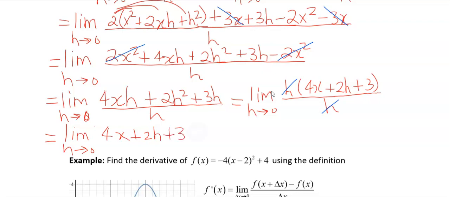Now, plug it in now. Use your direct substitution now. And in fact, there's only one place there to put your 0 for h, isn't there? So you're going to end up with 4x plus 2 times 0 plus 3.